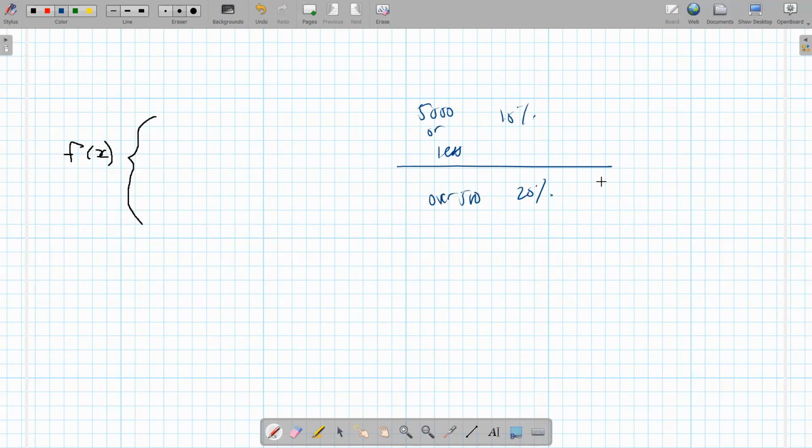So then it would be. I don't know what to write for the first part. I know that it would be if x is less than or equal to.